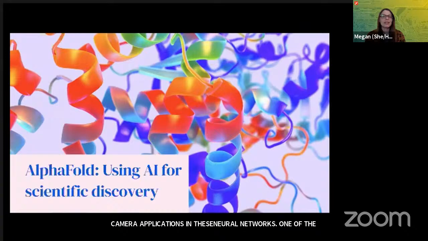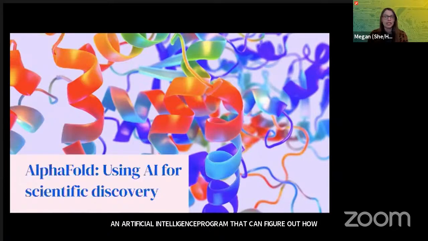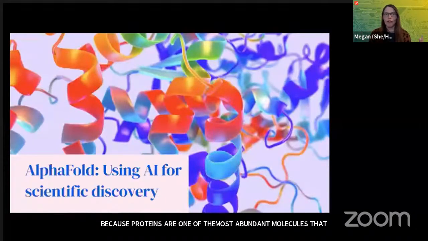Now, AlphaFold is an artificial intelligence program that can figure out how molecules called proteins are shaped. And this is really, really important because proteins are one of the most abundant molecules that make up living things. And they have loads of different functions, like in the structure of our cells, our muscles, enzymes and hormones, and all sorts of stuff.